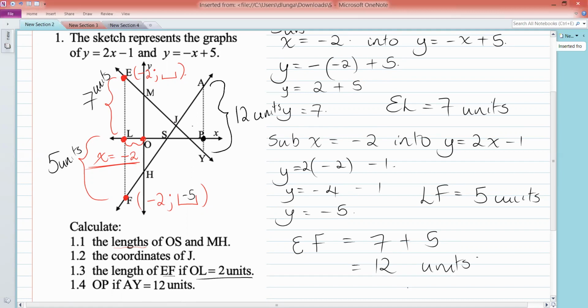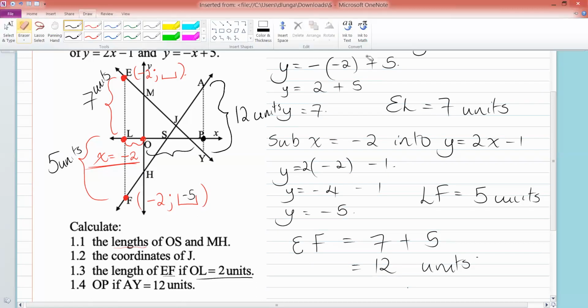So this time we have 12 units from A to Y. What is the distance from O to P? To find the distance from O to P, we need to find what the x coordinate of P is equal to. Okay, I'm going to talk through this one very slowly.